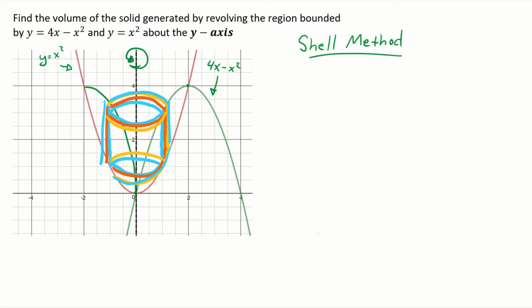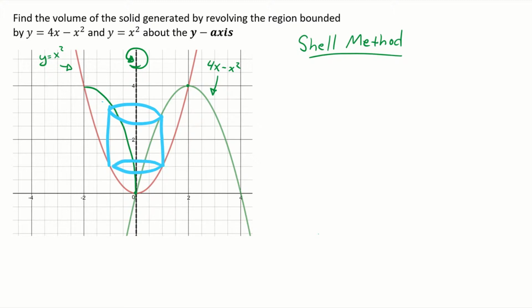They're a bunch of shells. Again, I like to think of those Russian nesting dolls where you open up the biggest doll and there's a smaller doll inside, and you open up that one and there's a smaller doll inside of that. If you find the volume of each one of those shells and add them all together, you would find the volume of our solid generated by revolving that region.